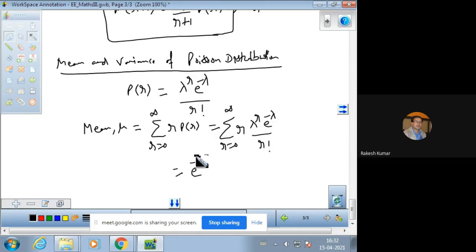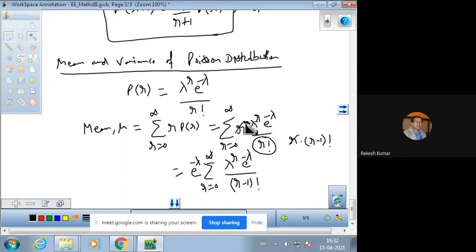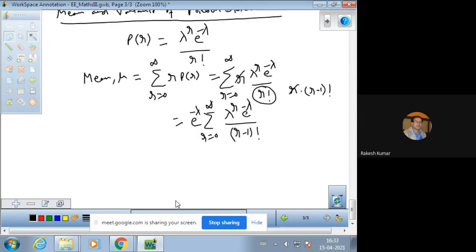But e raised to power minus lambda is independent of r, so it can be taken common. And inside we have the summation r from 0 to infinity of lambda raised to power r over r minus 1 factorial, because this r factorial can be written as r into r minus 1 factorial, so that r will be cancelled with this r. So ultimately this is the value we are left with.